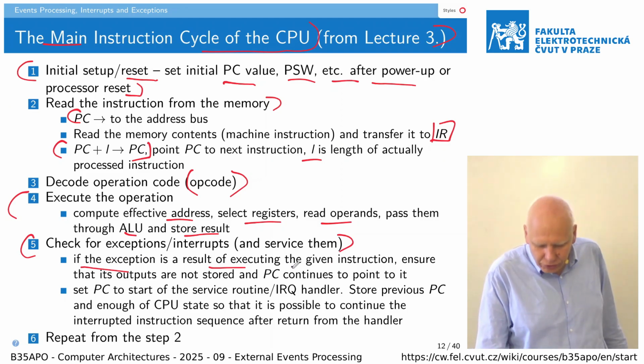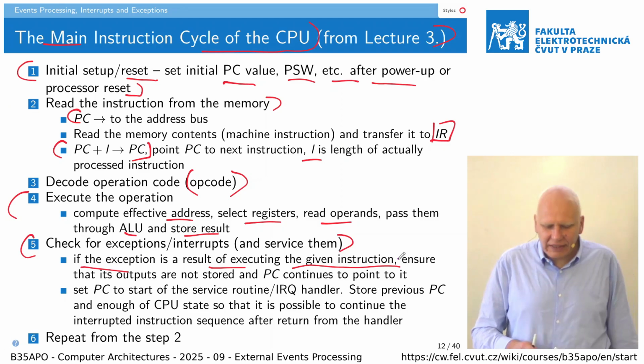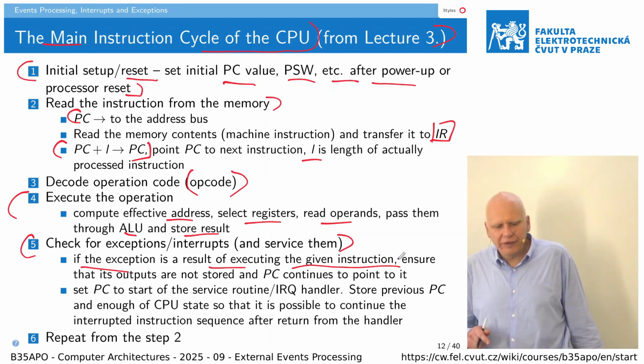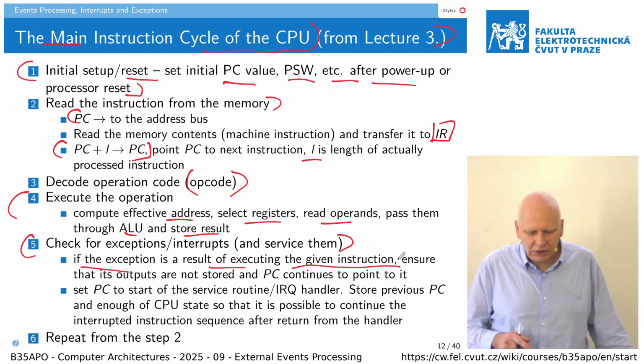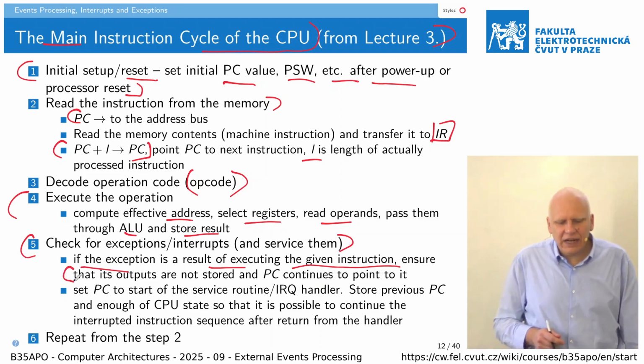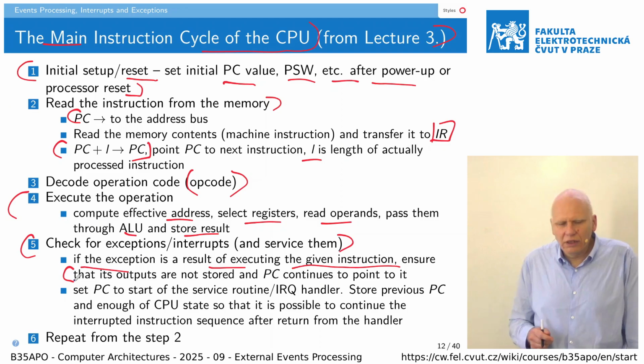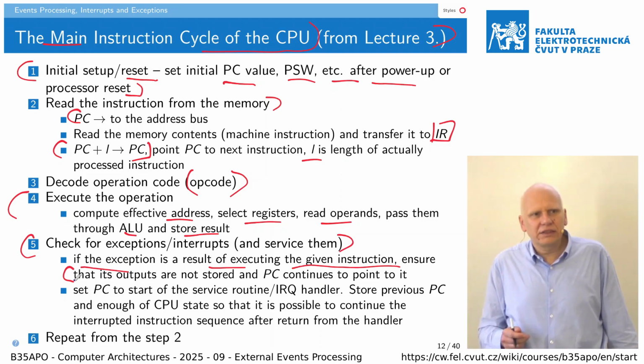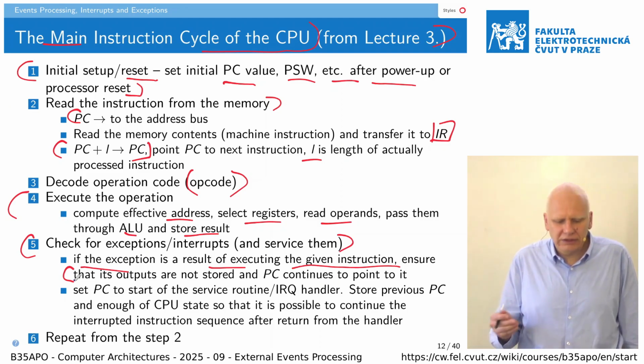we need to store the starting address of that instruction which caused the exception, and we need to ensure that the instruction did not modify the memory or some other state of the processor.